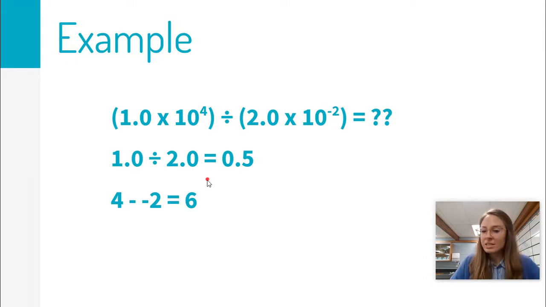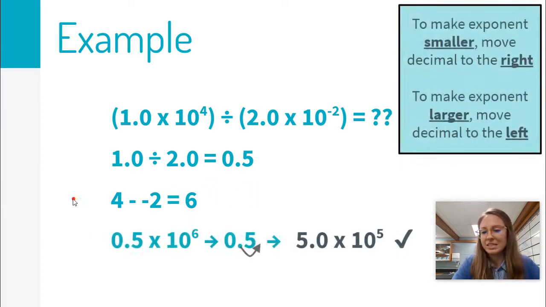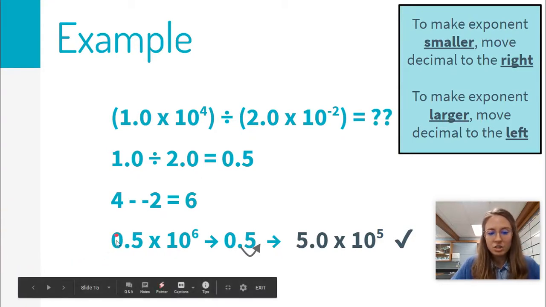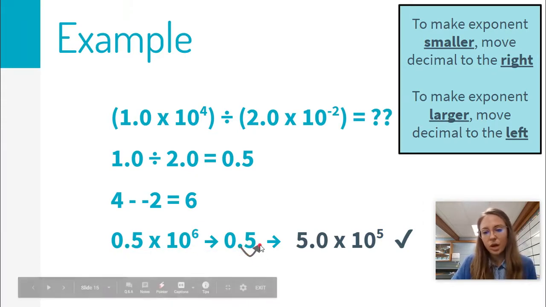Okay, the last step was to combine these parts. So we have our coefficient times 10 to the exponent to get 0.5 times 10 to the 6th. And then we need to change this number so that it fits the scientific notation rules. Right now, there is not a digit to the left of the decimal between 1 and 9. So we are going to move this decimal one place to the right to make our new coefficient 5.0.